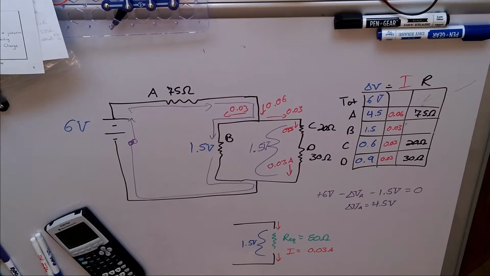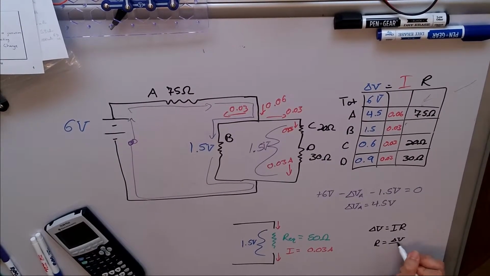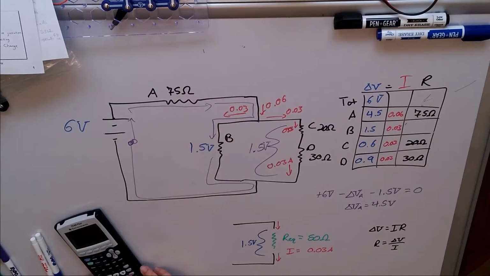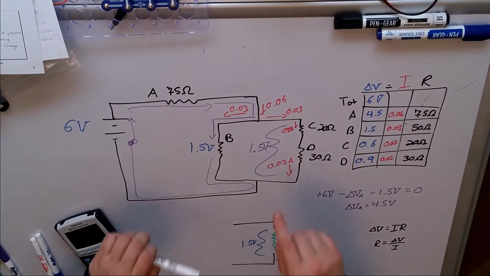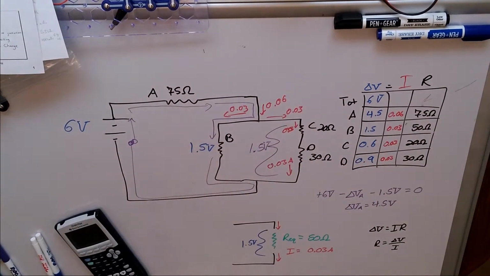Never get in too much of a hurry. I was about to make a mistake. Delta V equals IR. So if I want my resistance, it will be delta V divided by I, dividing both sides by our current. So I would need 1.5 divided by 0.03, and then I get 50 ohms, which we also could have predicted when we realized that the current split evenly both ways.